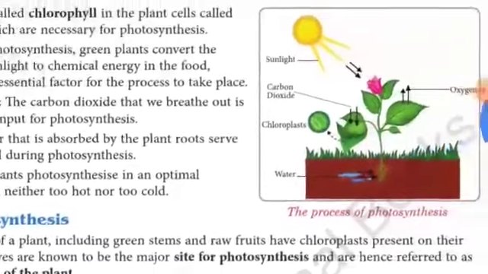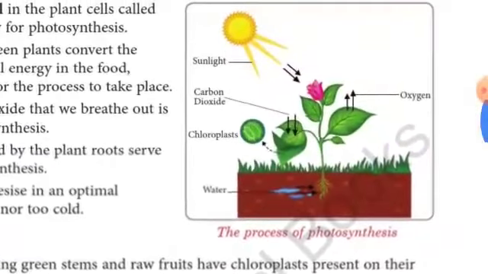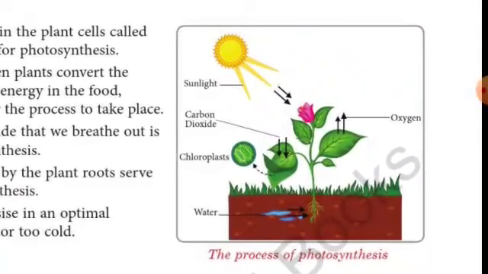Now come to the diagram. Here the diagram is given. See here the diagram. A plant is here and sunlight. Now the green plants which contain chlorophyll absorb or trap the sunlight, and due to this sunlight the water which comes through the soil and the carbon dioxide which comes from the atmosphere into the leaves get converted and then form glucose. After glucose is prepared, oxygen is also liberated, and some little water also goes out in the form of moisture.